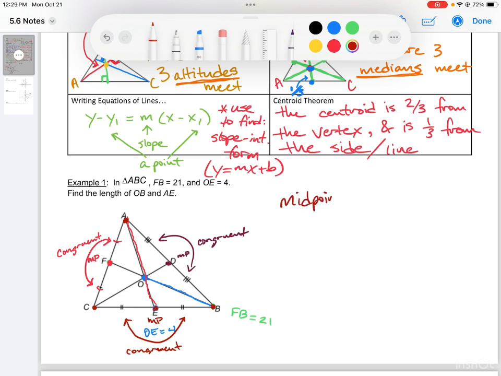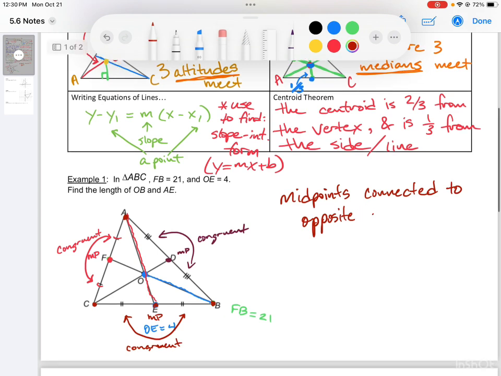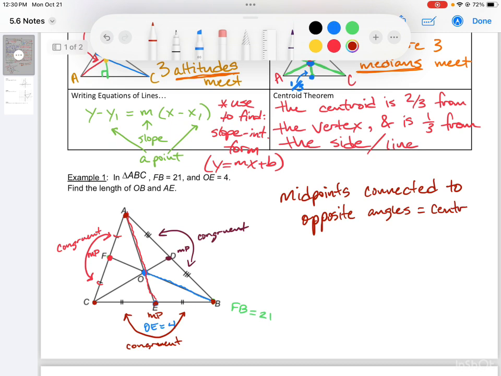And when you have midpoints connected to opposite angles, that means they are centroids.